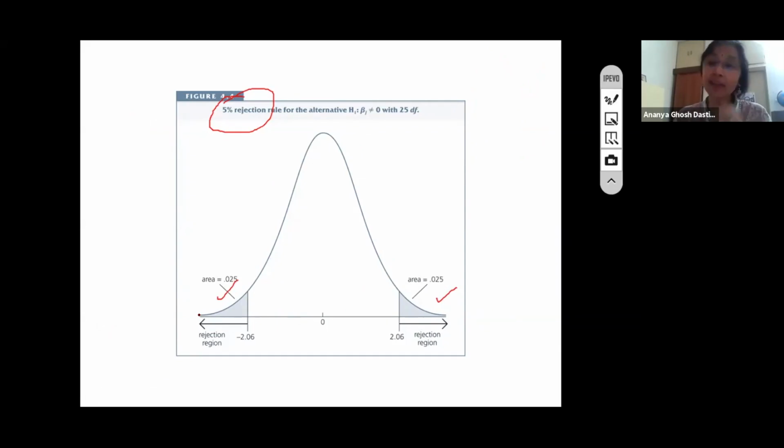So if you have a negative t-stat, then your critical value is really minus 2.06. This is at the 5% level of significance, t with 25 degrees of freedom. The critical values are marked on your screen: 2.06 on the right and minus 2.06 on the left. That means 2.5% probability lies to the right of 2.06, and 2.5% probability lies to the left of minus 2.06, because the t is a symmetric distribution.